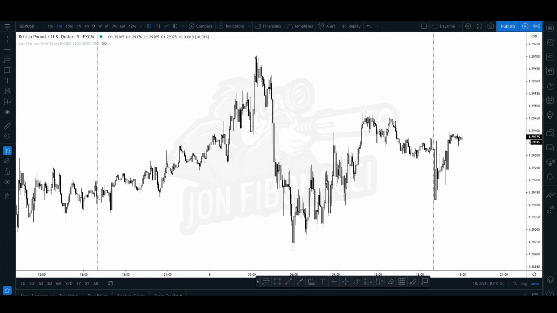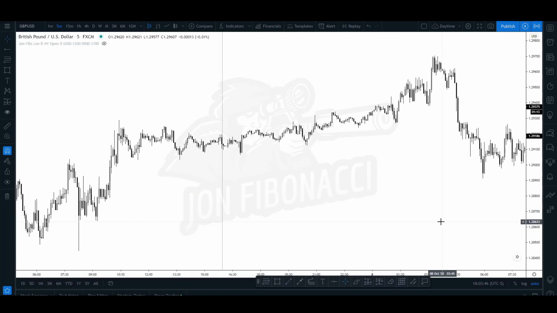All right. So here's British pound on a 5-minute time frame, and I want to study what happened during the London session for today, and I guess we could take a look at New York as well. So let's just go ahead and get right into it.